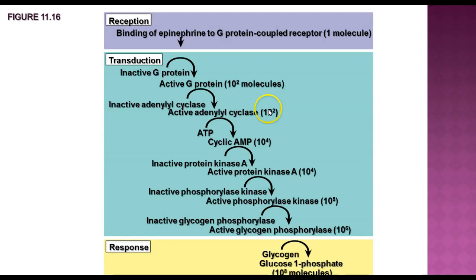Here we see the transduction cascade from the binding of epinephrine that is involved in the release of glycogen from the liver, breaking it down to glucose to release into the bloodstream. This is a necessary thing, of course, in the fight or flight response, because you need to have extra glucose in the bloodstream so that your cells have more glucose to use for fuel to produce more ATP for your flight or your fight response.